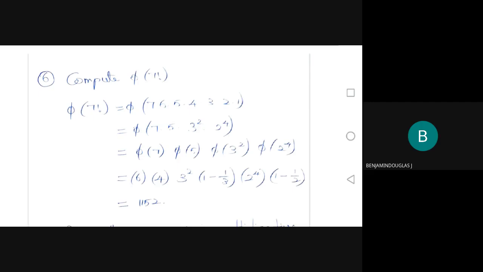Then phi of 2 power 4 is 2 power 4 into 1 minus 1 by 2. So this product will be simplified, you can get 1152, which is the answer of phi of 7 factorial. So phi of 7 factorial is equal to 1152.